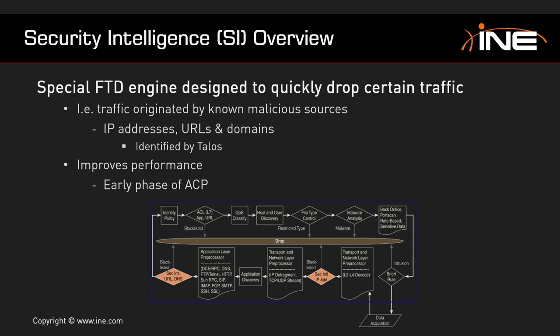As you can see, the SI checks happen pretty early in the Firepower packet processing. Initially, the device is going to be looking at IP address, and then at some point later, it will try to drop based on the URL or a domain name information. Now, why do we have three separate options for SI? This is primarily because more than one website can be hosted on a single IP address.